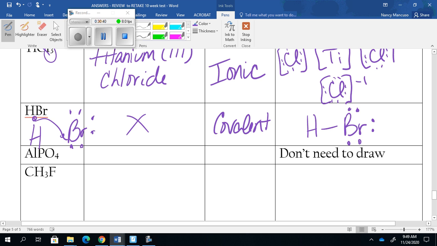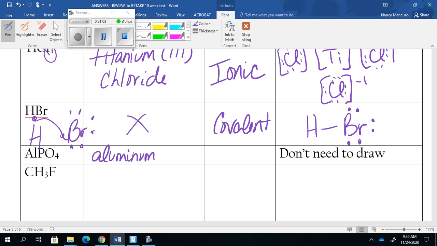All right, AlPO4. I don't need to draw it. Al is aluminum. Aluminum is only a +3, so it doesn't need a middle name. PO4 is a weird thing, so I have to go to table E and figure out what the name is.